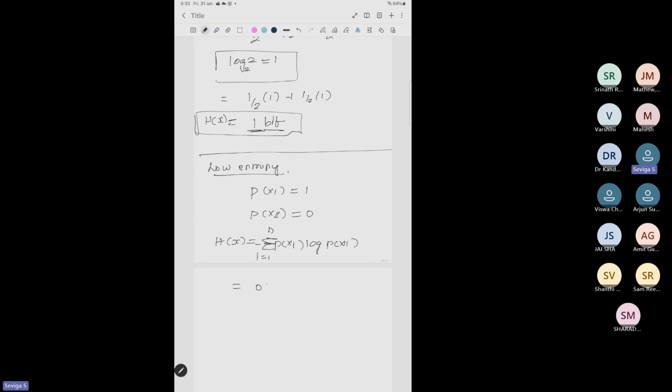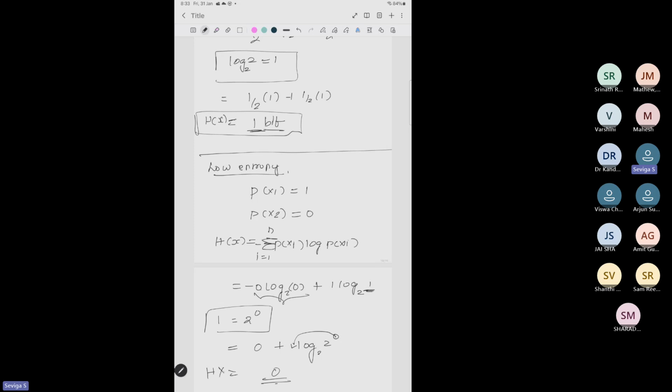If I substitute here, we'll get minus 0 log 2 of 0 plus 1 log of 2 to the 1. So 1, I can write as 2 power 0. Anything to the power 0 is 1. So instead of this place, I will use 2 power 0. So 0 multiplied by something is 0, plus 1 log of 2 power 0. So this 0 will come in front. So you will have ultimately 0 as your answer.